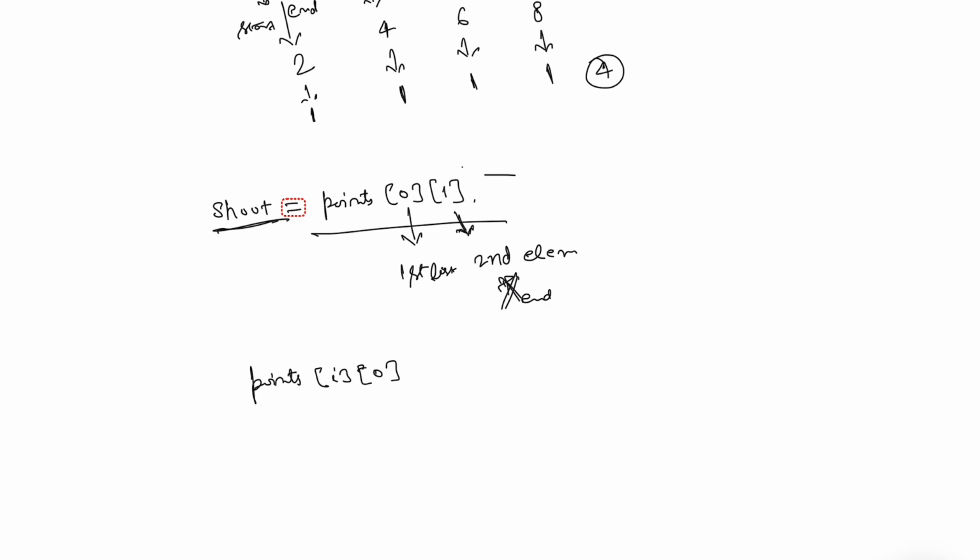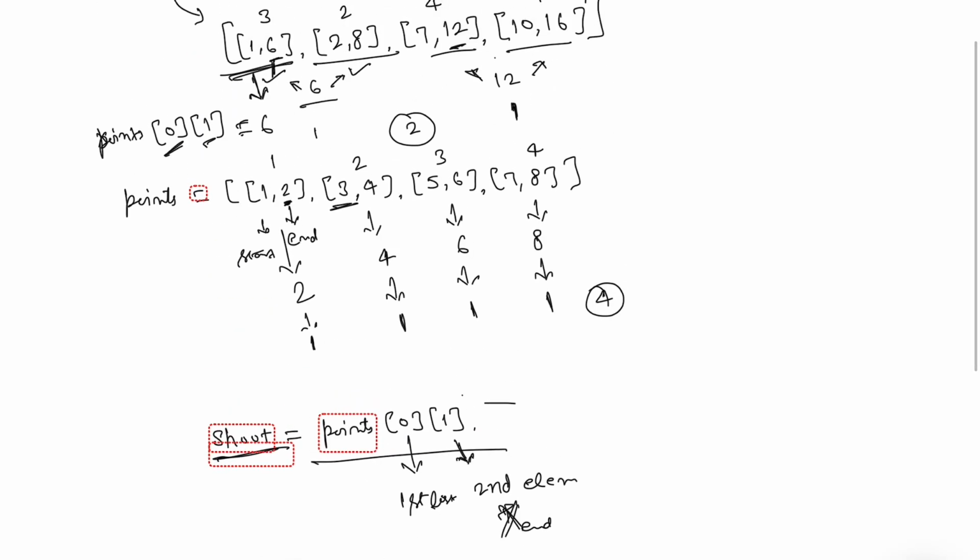So if this is greater than shoot, see, this is the first position of each list. This is the second list, and its first position is 3, that means x start.